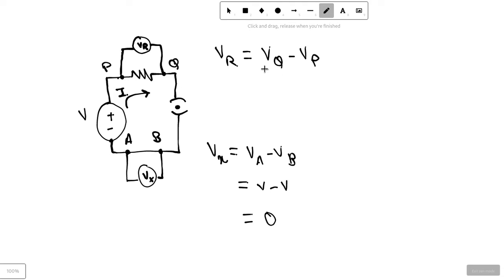The voltage at Q is lesser than the voltage at P by IR. Now that is how a resistor affects the potential in a circuit.